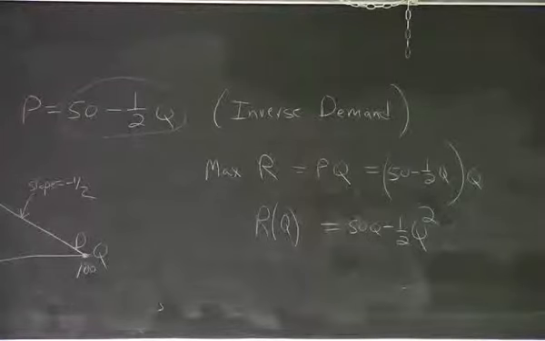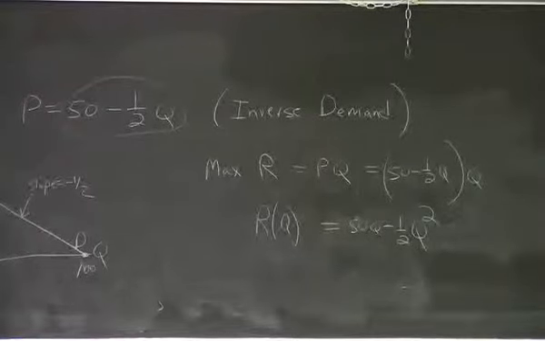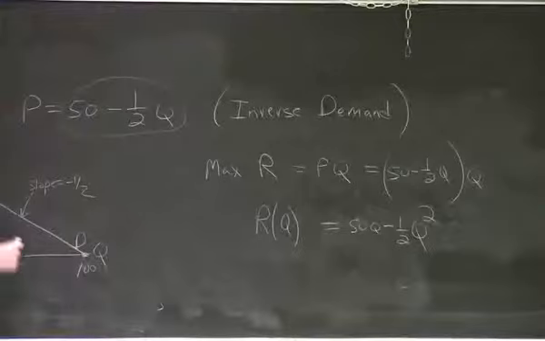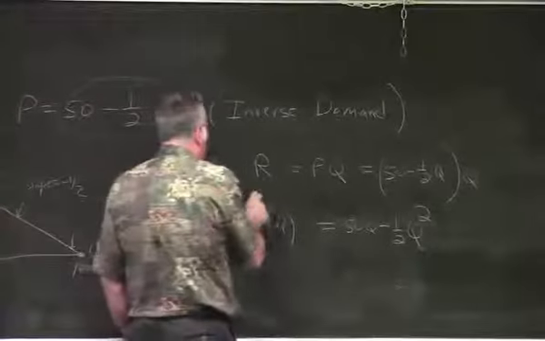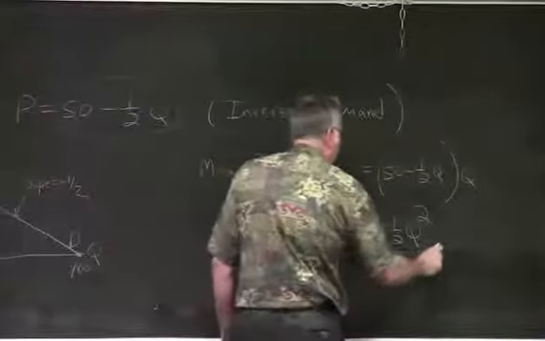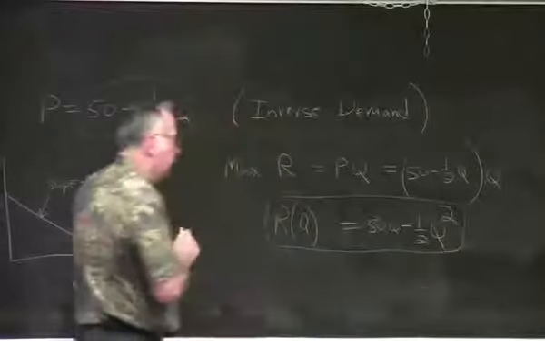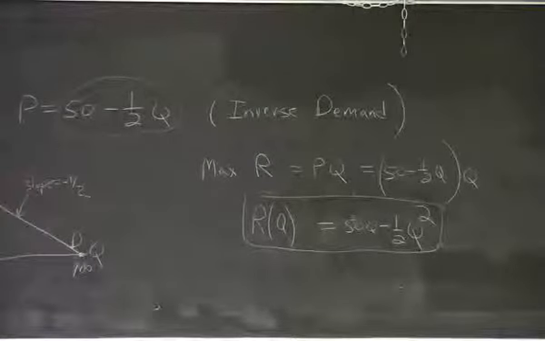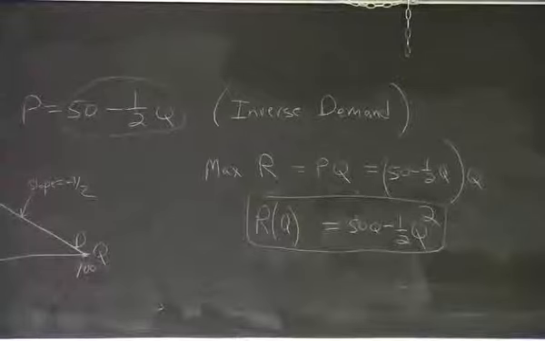Okay, so David, our goal is to maximize revenue. How are we going to do that? We got our objective function there, revenue. We want to maximize our revenue. So how are we going to go about doing that?